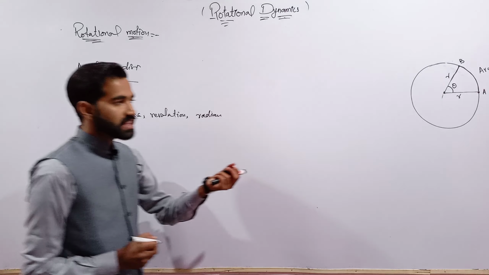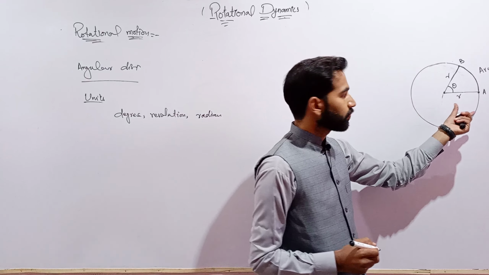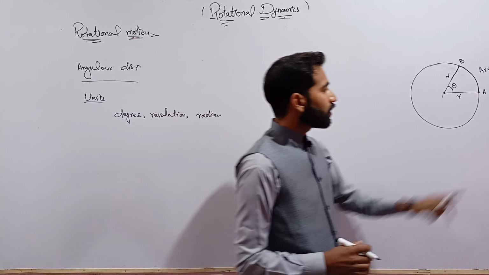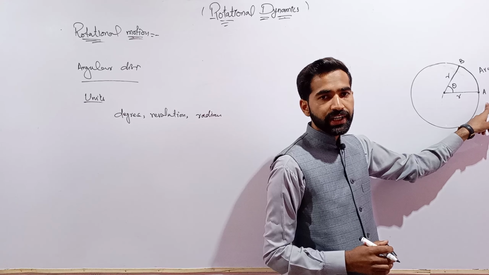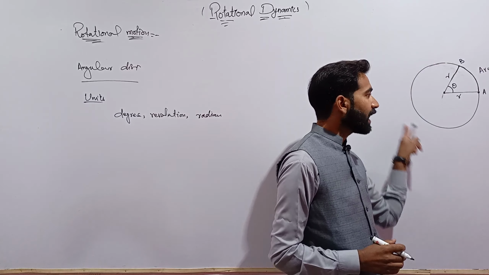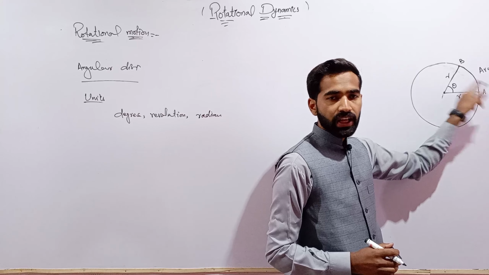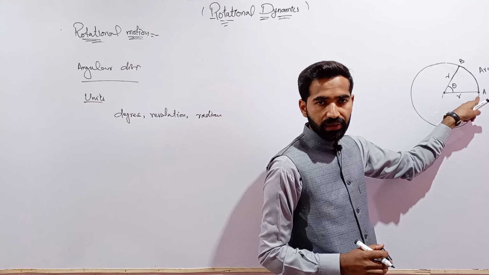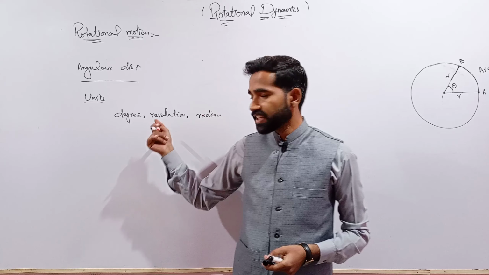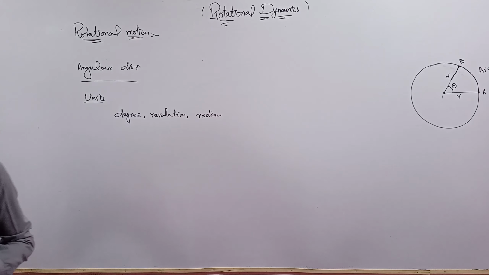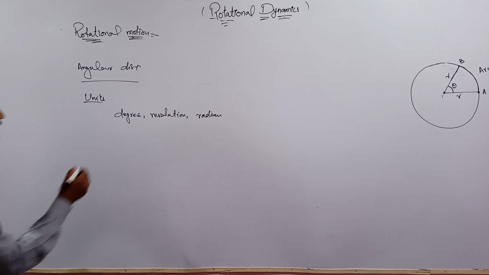In one complete circle there are 360 degrees, and if an object starts from point A, goes to B and again reaches point A, the object covers one complete cycle, or one revolution. In one revolution there are 360 degrees.